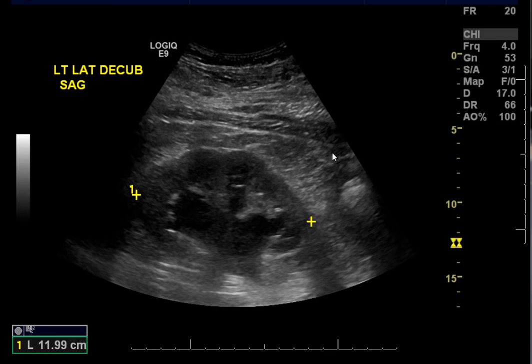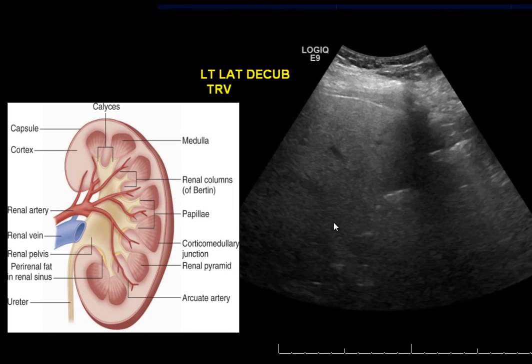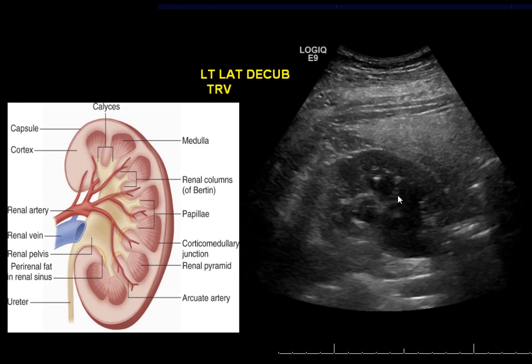Now on this patient, we're looking at his left kidney, and remember the sinus I showed you that would be nice and compact and echogenic in the center of the kidney? In this patient, we have anechoic areas corresponding to a dilated collecting system. So this is what hydronephrosis looks like, and in contrast, we will see his opposite right kidney that does not have hydro.